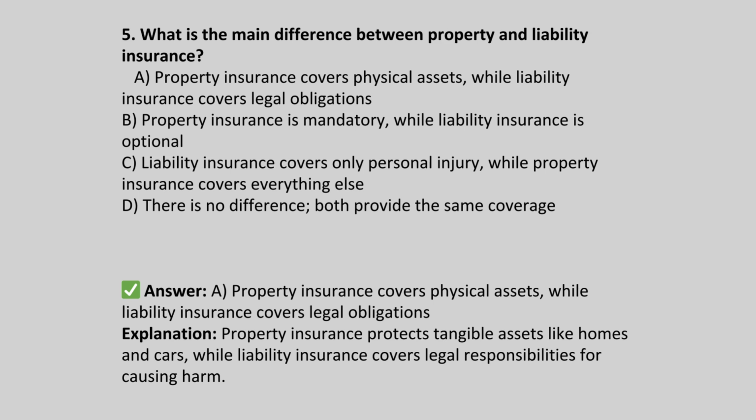D. There is no difference. Both provide the same coverage. Answer: A. Property insurance covers physical assets, while liability insurance covers legal obligations. Explanation: Property insurance protects tangible assets like homes and cars, while liability insurance covers legal responsibilities for causing harm.